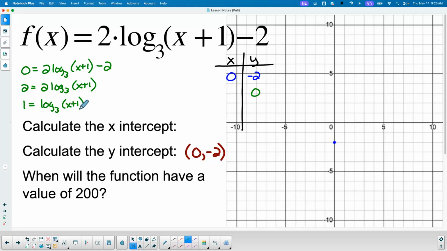Then I would switch forms with it. So this would become 3 to the first power equals x plus 1. 3 to the first power is just 3. So then I could subtract 1 and get x is 2. So my x-intercept would be 2, comma, 0.